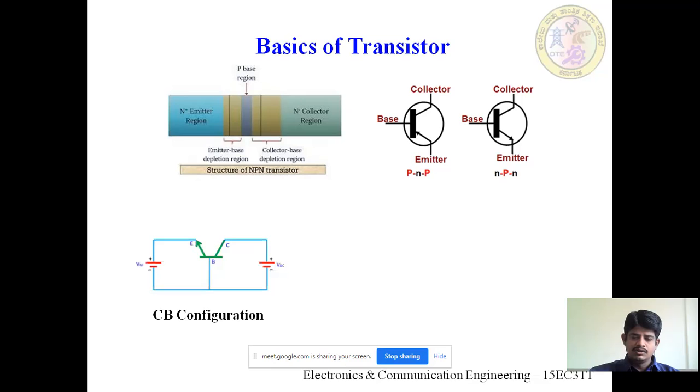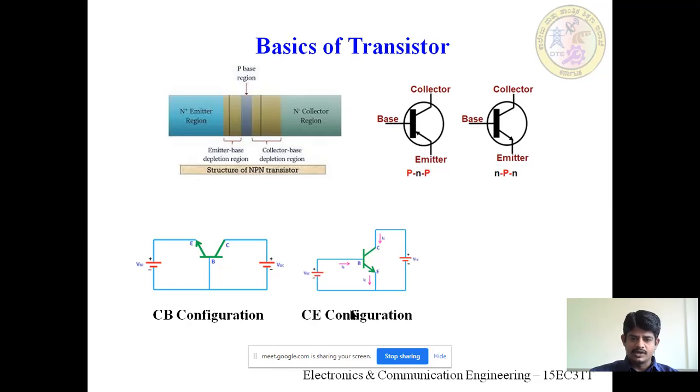Then we have three different configurations in which we can use the transistor. One is common base. You can see here this is the input, and this is the output circuitry. This base is common to the input as well as the output. So it is called a common base configuration. You can see the emitter is shown with the arrow mark moving away from the base, so it indicates it's an NPN transistor. Then this is the CE configuration.